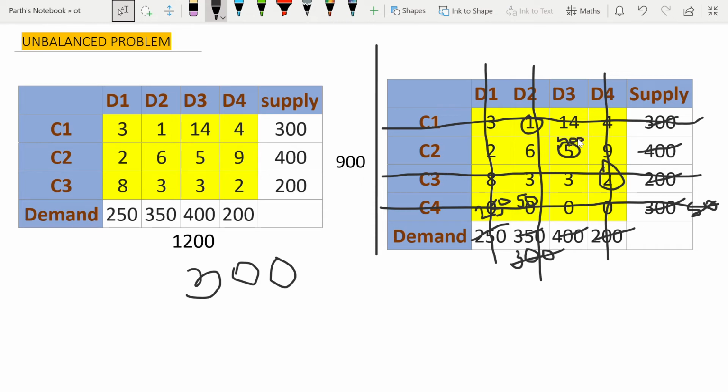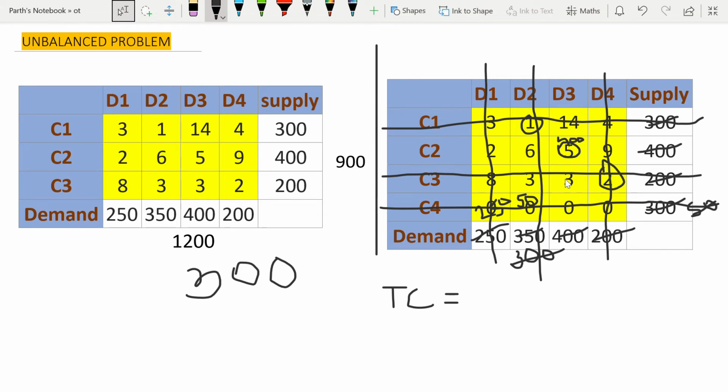Now total cost is, as you know, summation of multiplication of each price of each unit into number of units supplied.